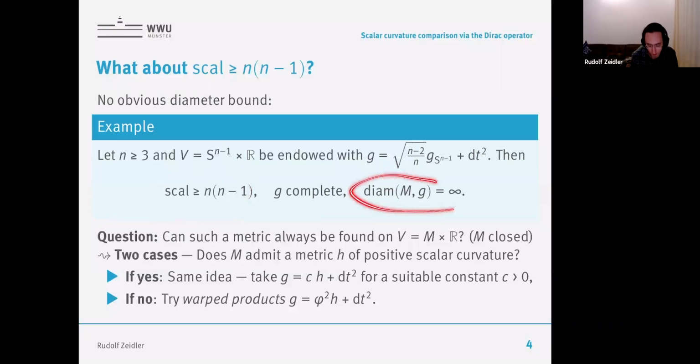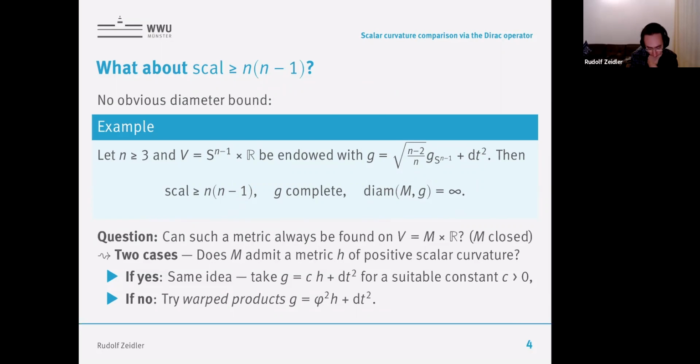However, the diameter is infinity. So that just tells you that because you average too much, this notion of curvature is just too weak to control the diameter.